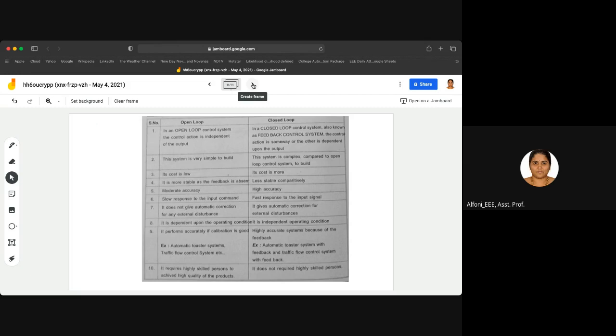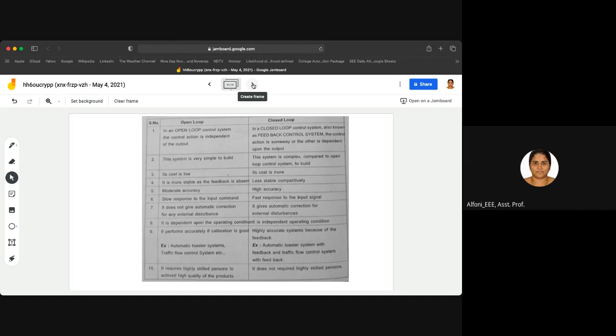Open loop systems are very simple to design, whereas since feedback is required, a closed loop system is complex. Since complex circuitry is there in a closed loop system, the cost is higher.